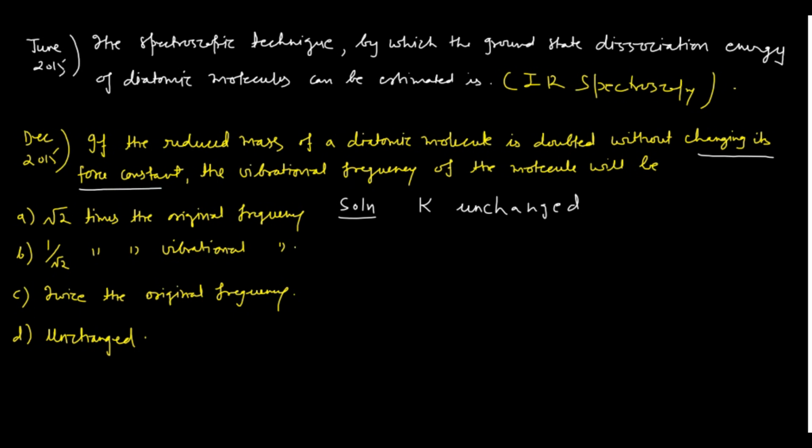So here you can make two equations, like nu1 equals 1 on 2 pi square root of force constant divided by reduced mass. This is for your first case, nu1, and this is one of the forms of Hooke's law.